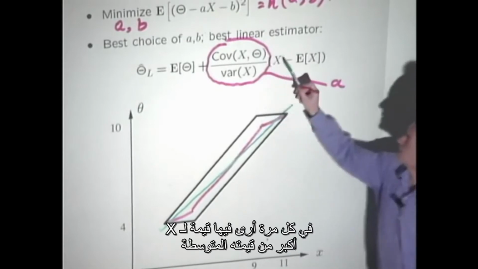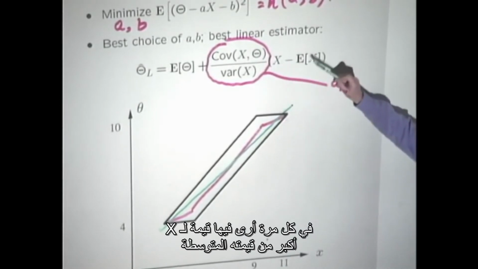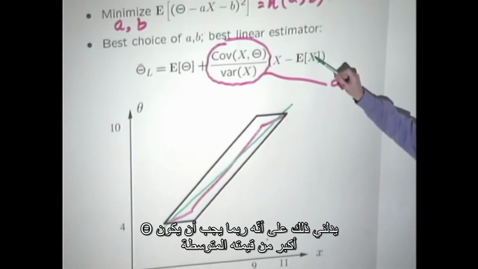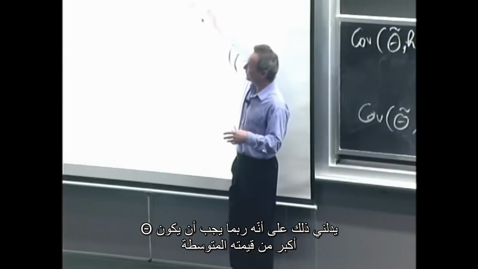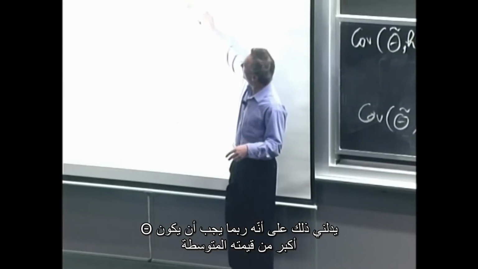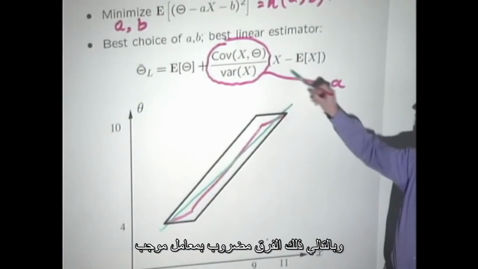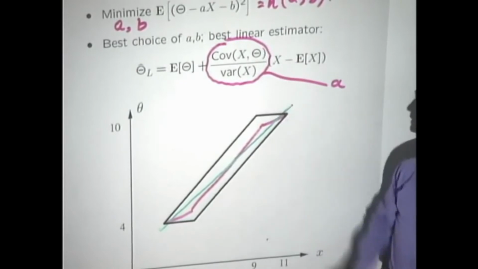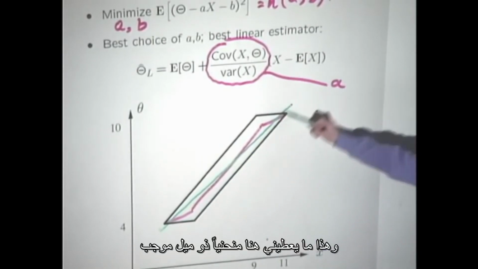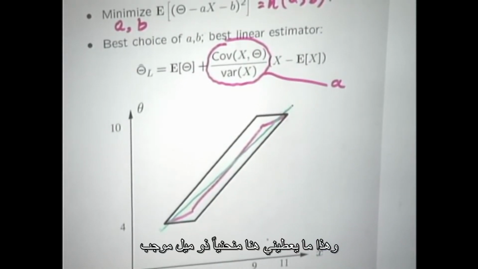Whenever I see an x that's larger than its average value, this gives me an indication that theta should also probably be larger than its average value. And so I'm taking that difference and multiplying it by a positive coefficient. And that's what gives me a curve here that has a positive slope.